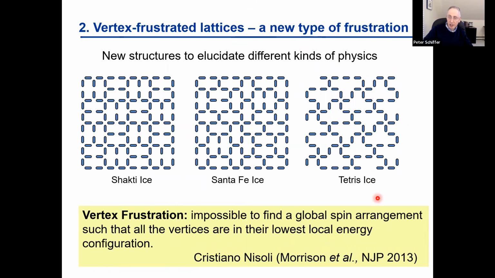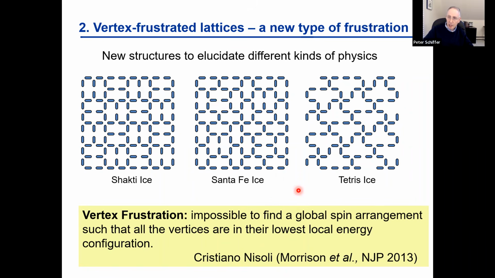This is one of the unusual lattices that can be made. It's a different type of frustration from what I talked about earlier, and it's what's been called vertex frustration by my theory collaborator, Cristiano Nisoli. This essentially comes about in certain lattices that have mixed coordination, meaning that they have vertices with 4 islands, vertices with 3 islands, and vertices with 2 islands.